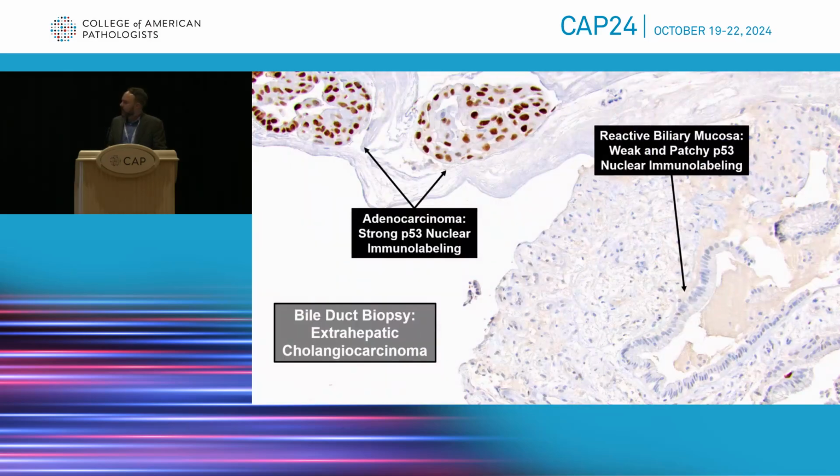Similar to what we saw with solid lesions, in situations where it can be difficult, this wasn't as difficult cytomorphologically, but just to provide an example, immunohistochemistry can be helpful. In this particular case, P53 was diffuse in the adenocarcinoma cells, and so that was helpful. And you had a normal control from the normal mucosa there, which had very weak and patchy P53 labeling.